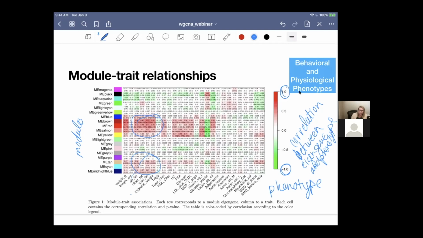If you did a signed network, then a positive association would indicate increased expression is associated with increased values for that phenotype. But when we do an unsigned network, the directionality has very little meaning and just comes up by chance, because you'll remember with an unsigned network, some genes in the module may be positively associated with a trait while other genes are negatively associated with a trait.